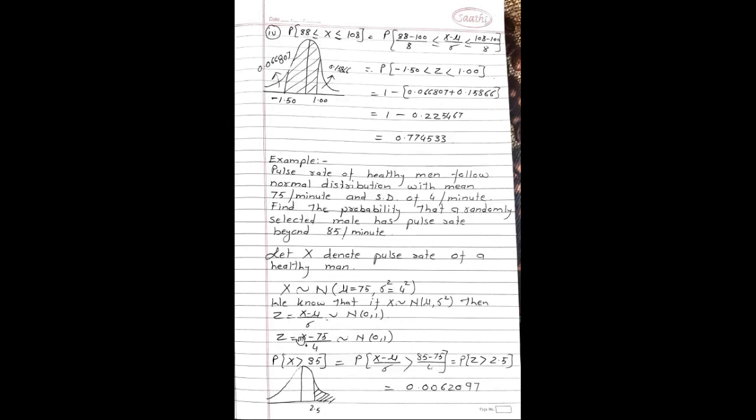So Z is equal to X minus 75 upon 4 will follow normal 0, 1. We want the probability X greater than 85, which can be considered as probability X minus mu upon sigma greater than 85 minus 75 upon 4, which is equal to probability Z greater than 2.5, which can be written as 0.00062097.